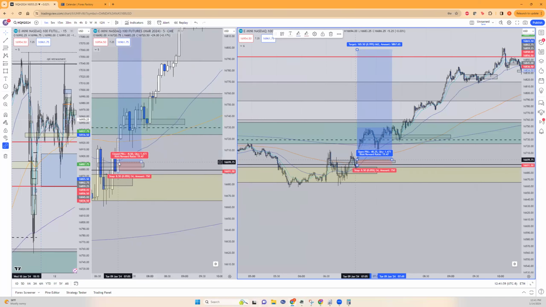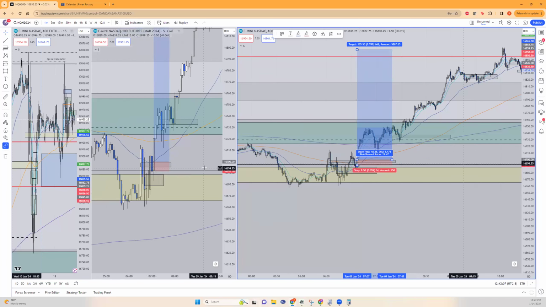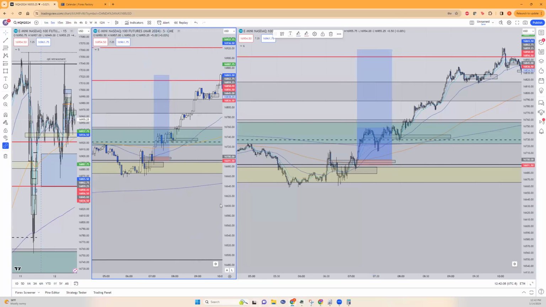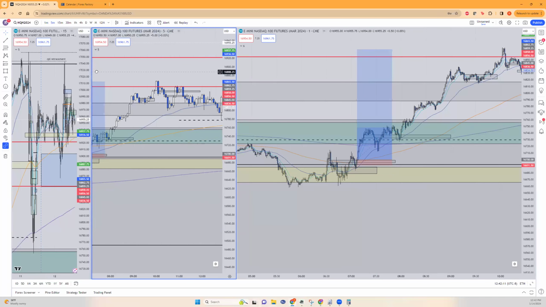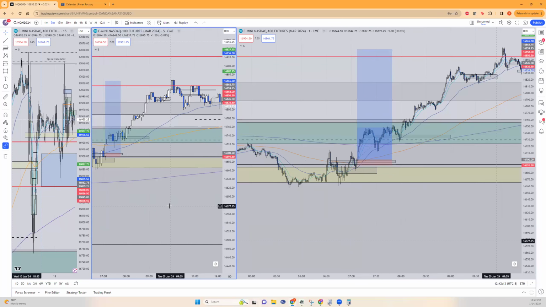My entry is over here. There's no reason that we should pass this inefficiency if this is the spot to long from. You can see the full acceleration on the 5 minute time frame over here. Close to a, what is this? 165 handle run.